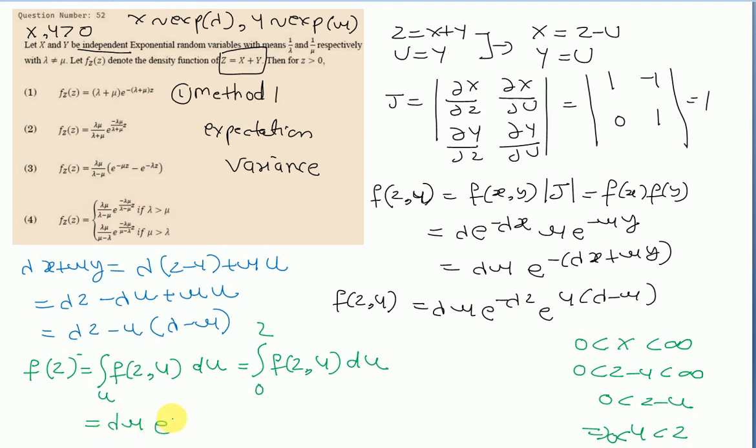Lambda mu e raised to power minus lambda z, integral from 0 to z of e raised to power minus u lambda minus mu, it is positive, u lambda minus mu du. So the integration will be lambda mu e raised to power minus lambda z, and the integral from 0 to z of e raised to power u lambda minus mu du.